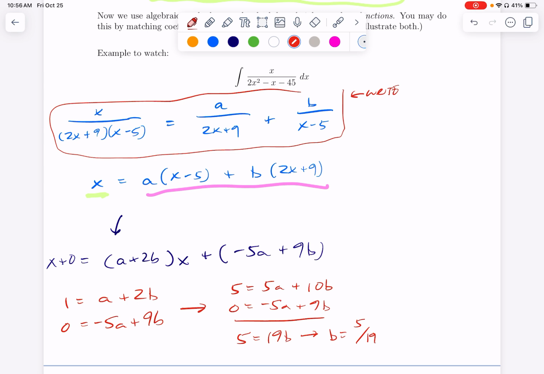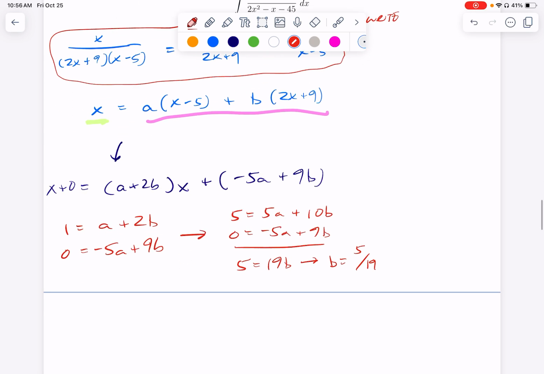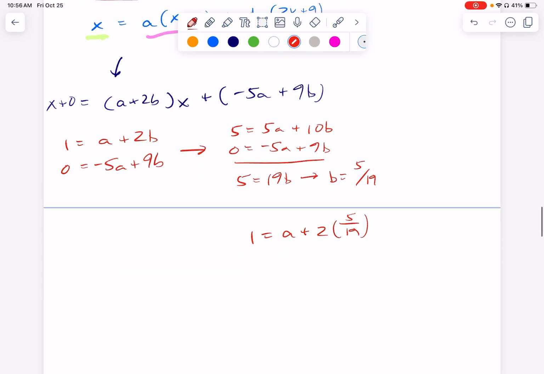Then I could plug into one of these equations. So I know 1 equals A plus 2B. So 19 over 19 equals A plus 10 over 19. So if I subtract, I have A equals 9 over 19.